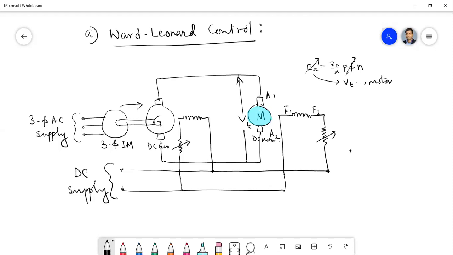Otherwise, if you need one generator and one induction motor to control only one DC motor, then nobody will be ready to use this. Isn't it? Is that clear?